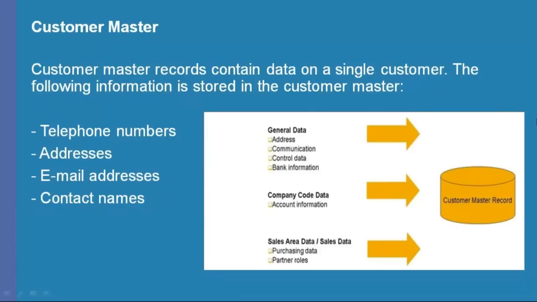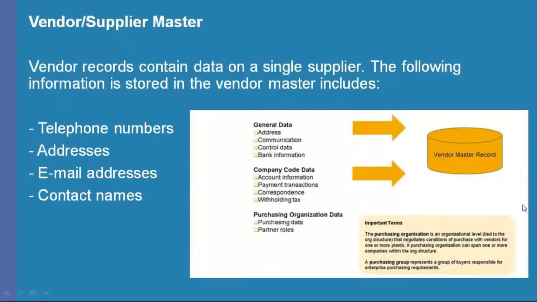Similarly, purchase org also has some payment details, etc. These are the different types of data you need to deal with for customer. First there is customer general data, where you have address, communication, bank details, tax details, etc. Then you have company code, then company code account information, then sales org, some purchase data, etc. This is how you deal with customer master data as a whole. Then coming to the supplier or vendor master.